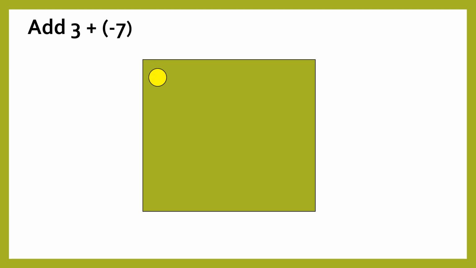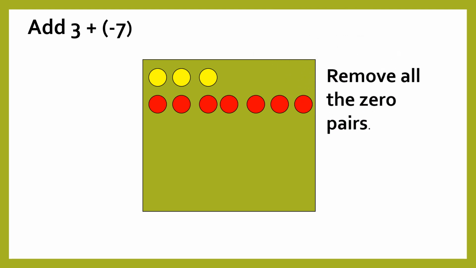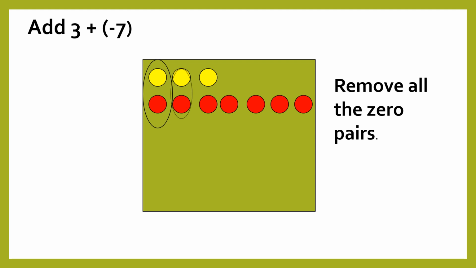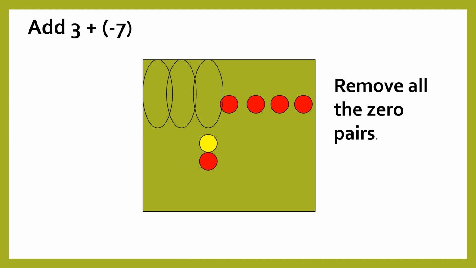Next we have 3 yellow and 7 red circles. Then we remove the zero pairs. So we have 1, 2, 3, 4. So the final answer is negative 4.